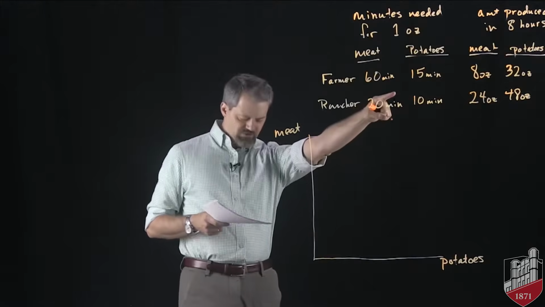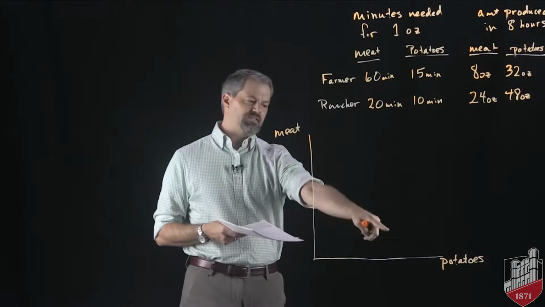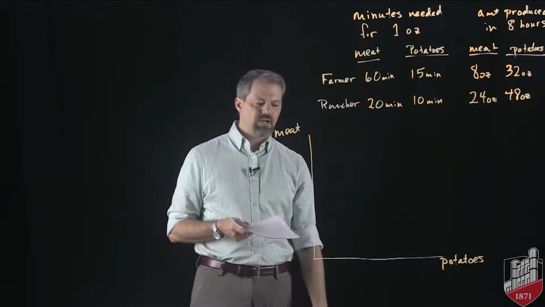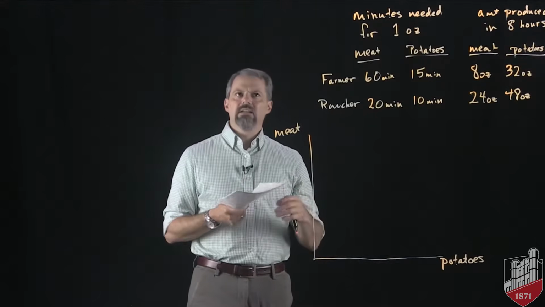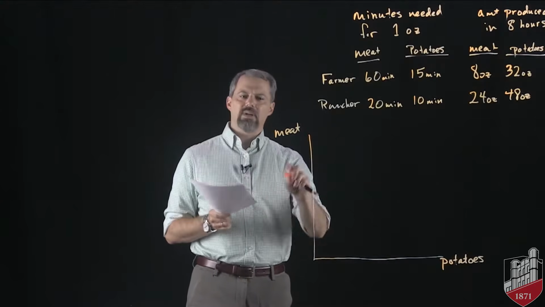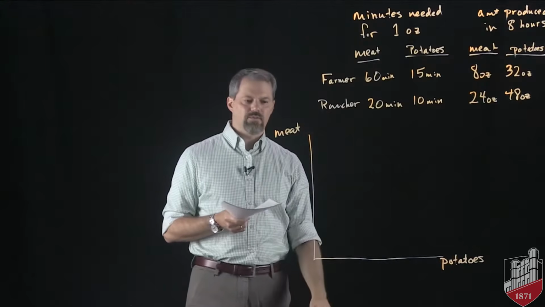The numbers in our table give us the endpoints of the farmer's production possibilities frontier. Remember that a PPF tells us all of the possible combinations of our two goods, meat and potatoes, that the farmer is able to produce.